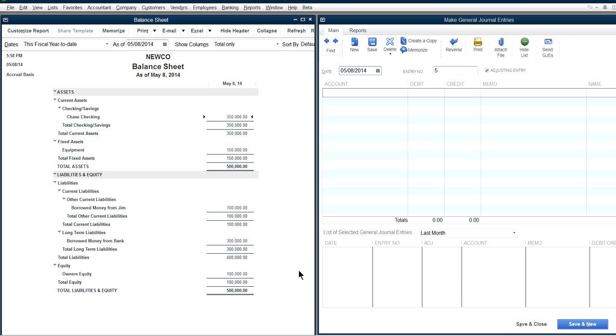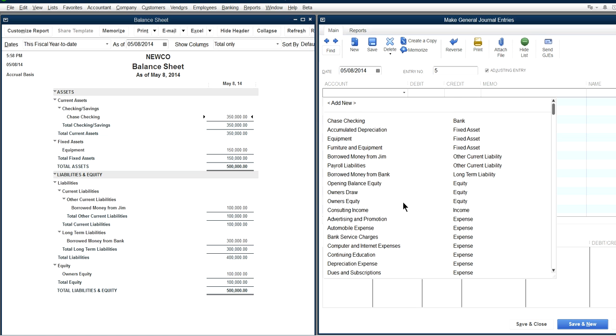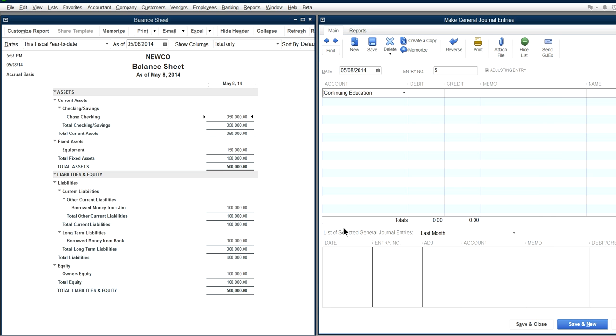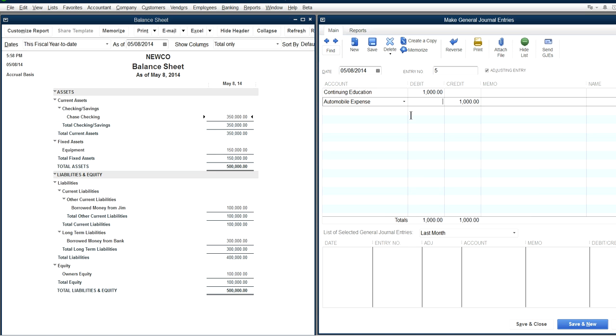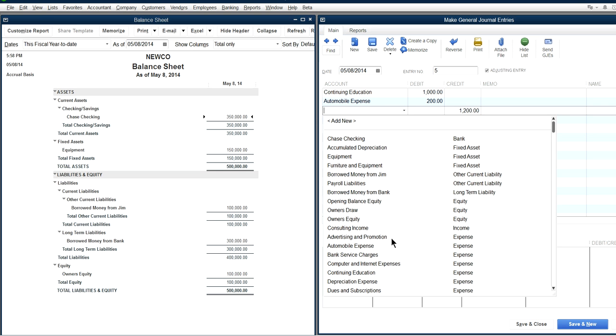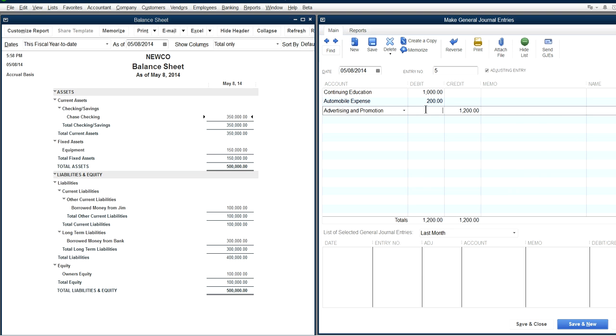Now, next step would be to let's say you want to spend some money for your business. Let's say you spend some money for education, say $1,000 for your continuing education, and you have an automobile, you spend $200 for that, and you did some advertising for your business, let's say $500.